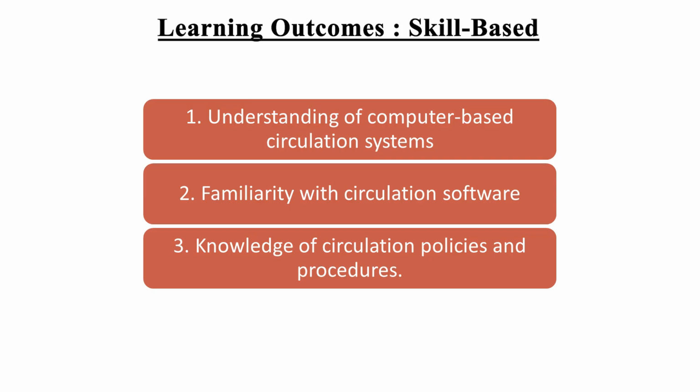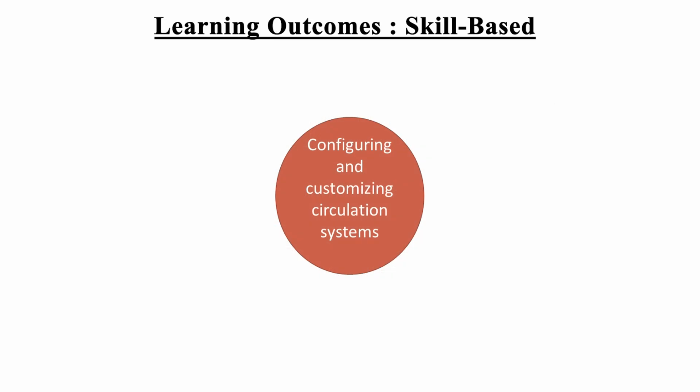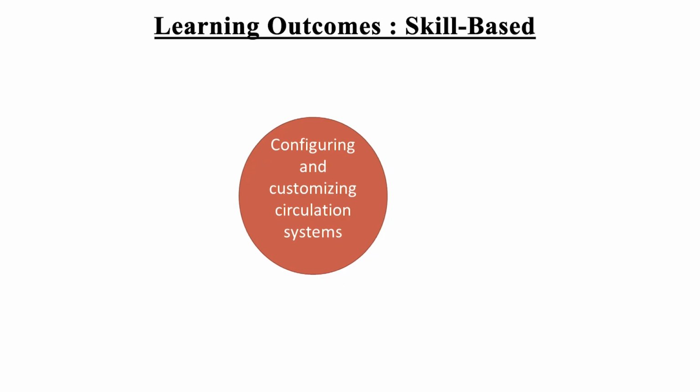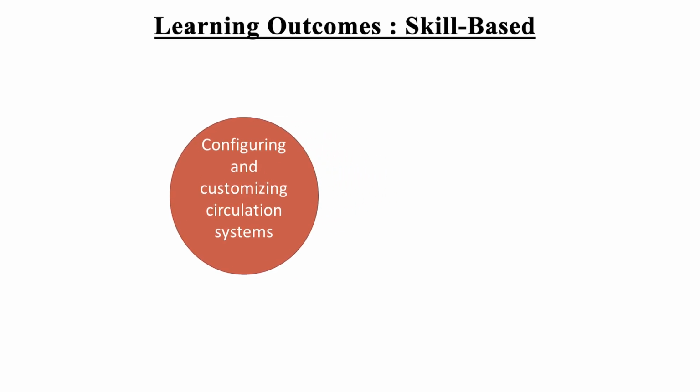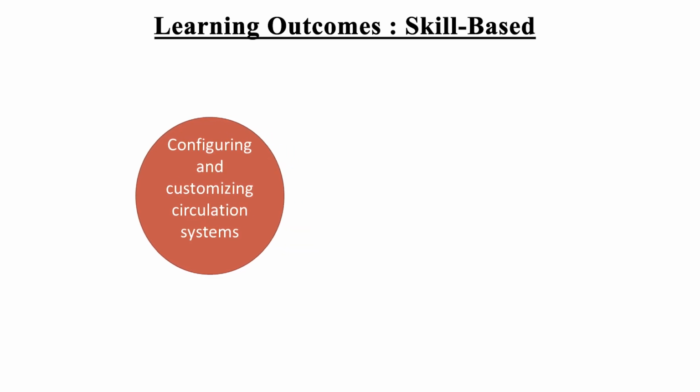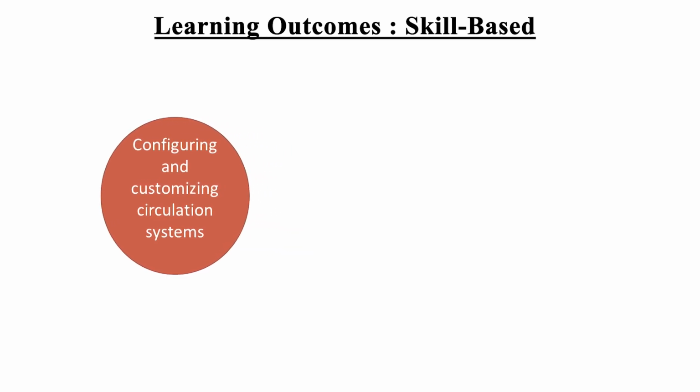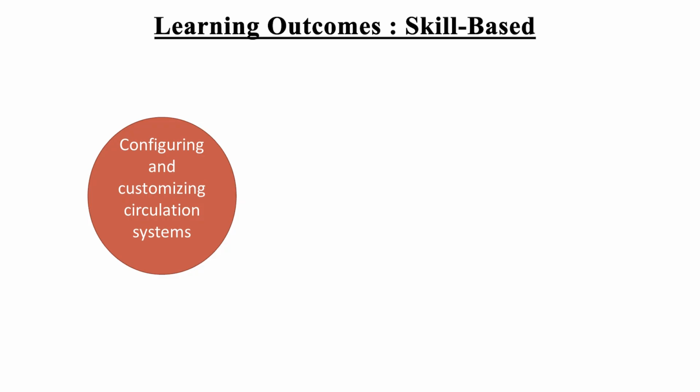So knowledge-based learning outcomes will be the knowledge of collection development and maintenance. Students will understand the process involved in developing and maintaining the library collection, including the circulation systems management. Students will be able to demonstrate the skills necessary to manage a circulation system, including checking in and checking out materials, handling fines, fees, and performing inventory tasks.